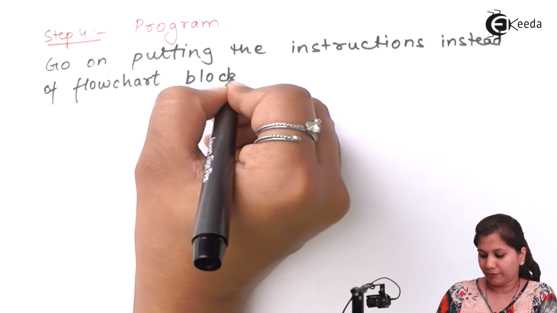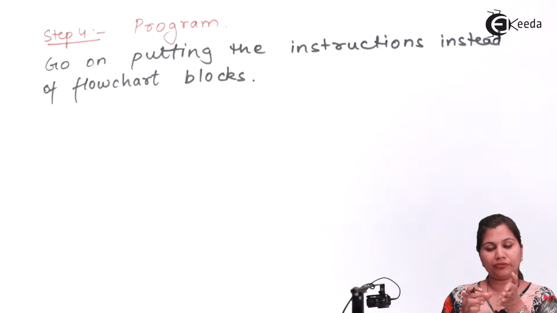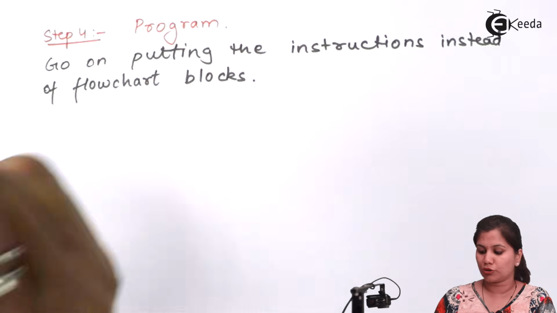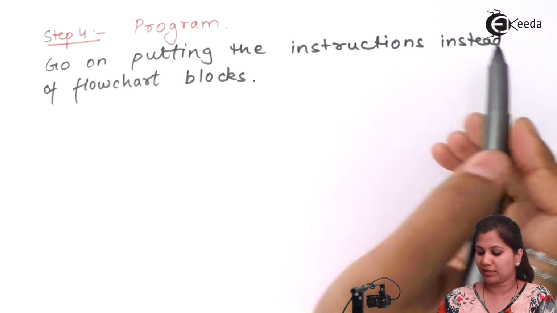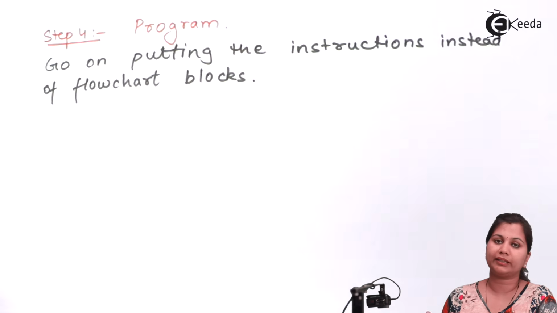So you have drawn the flowchart in step number 3. Instead of every symbol in that flowchart, write the instruction for that. So go on putting the instruction instead of the flowchart blocks. Replace those blocks with the instructions and you will be able to write the program for that problem.